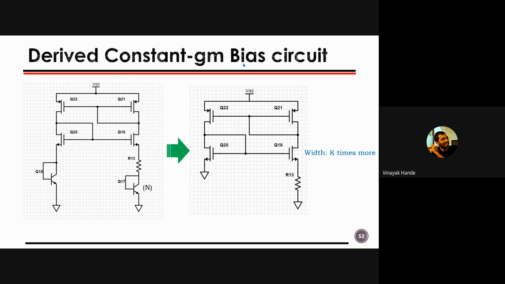I think that term you must be quite aware of. But that beta multiplier, if we realize it with the MOSFET, is called a constant GM bias circuit. And the beauty of the beta multiplier or a constant GM bias circuit is that your current does not vary with the supply voltage, right? So it is a supply invariant voltage reference you can get.